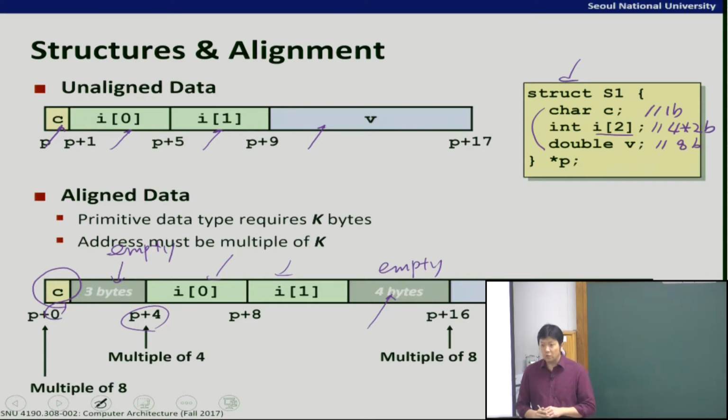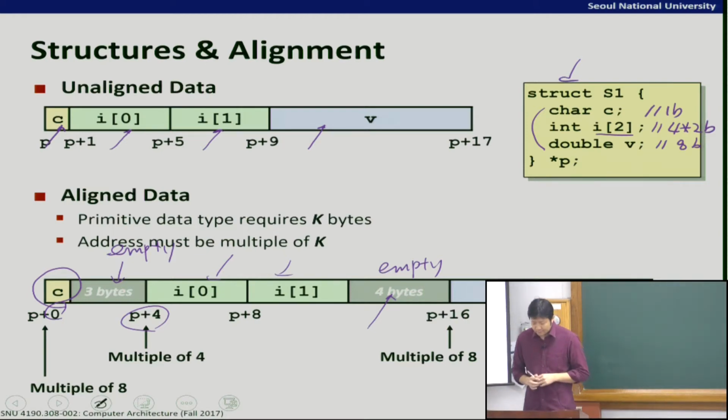This is called alignment. Generally the alignment rule is that if your primitive data type requires k bytes, then that field must start at a multiple of k. Let's think about this case. For the first variable, character, this only takes 1 byte, so every character element must start at an address which is a multiple of 1, because k is 1 in this case.